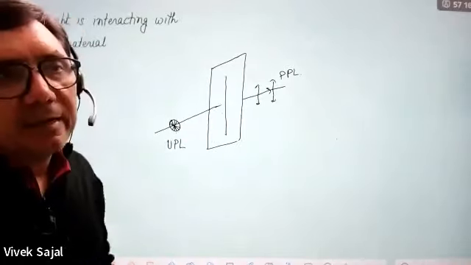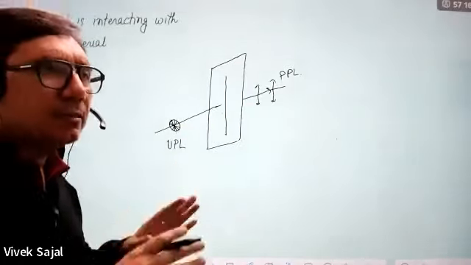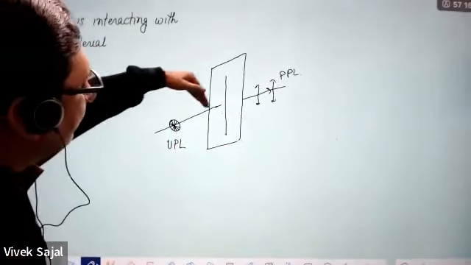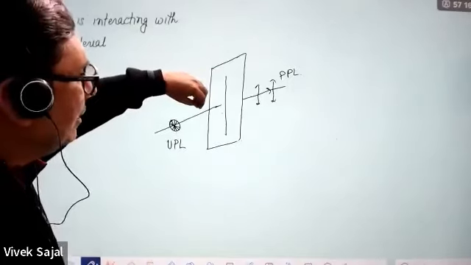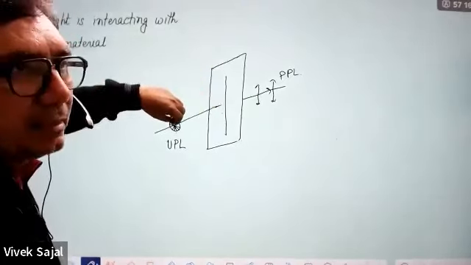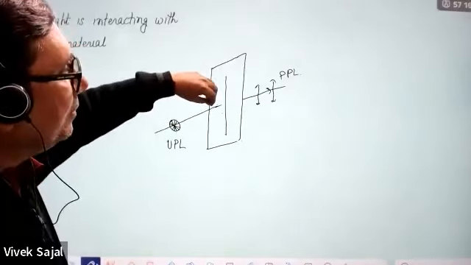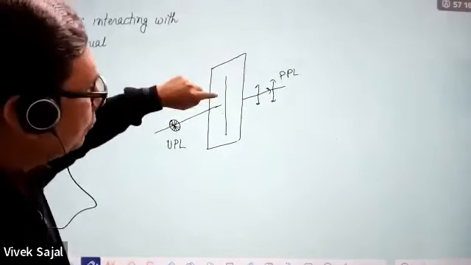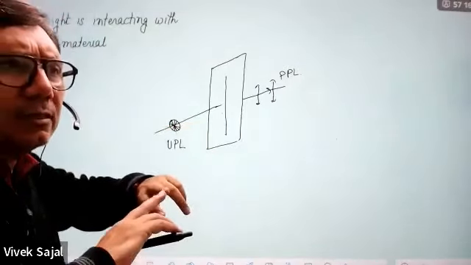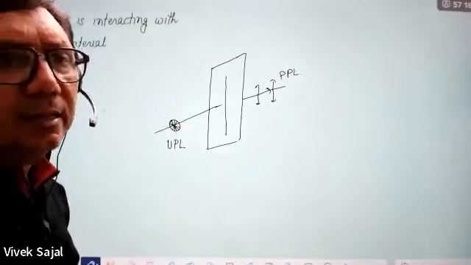Here I am considering electrons only; ions will also be there. Suppose light is incident over it, so the electric field as well as the magnetic field is present with this incident light, and these fields are going to interact with the electrons.